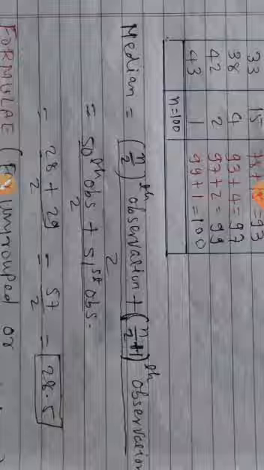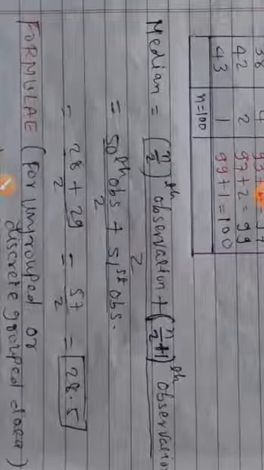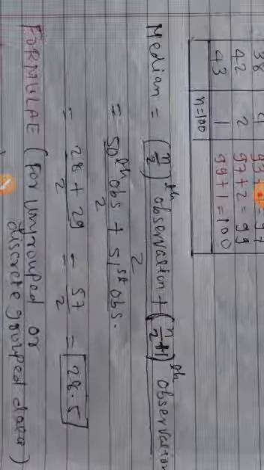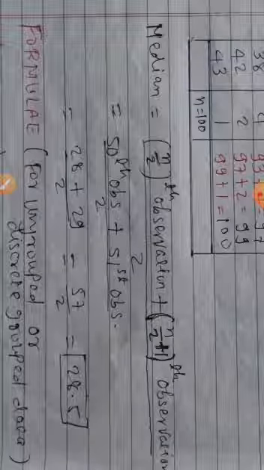Because whenever a frequency distribution has an even number of observations, in the middle there are two observations. So how to locate those numbers? First of all you have to find n by 2, then n by 2 plus 1, meaning the next one. Take the values of these two observations and take the average of both.